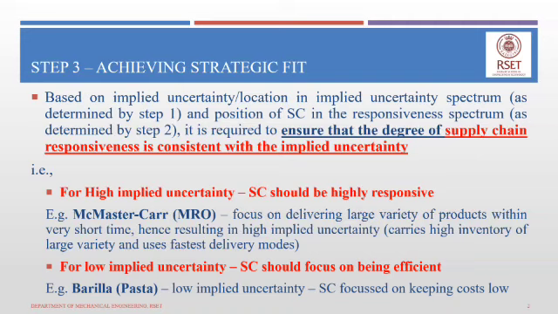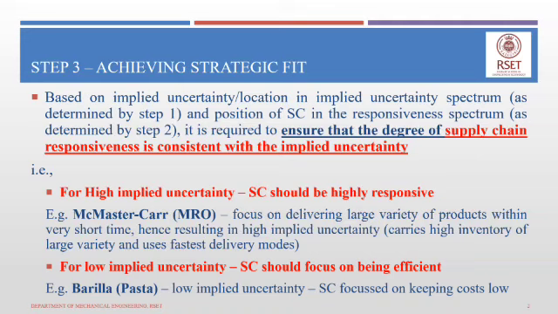That is, for a firm that faces high implied uncertainty or has a location on the implied uncertainty spectrum nearer to the high implied uncertainty region, the supply chain strategy should be such that the supply chain is made to be highly responsive.